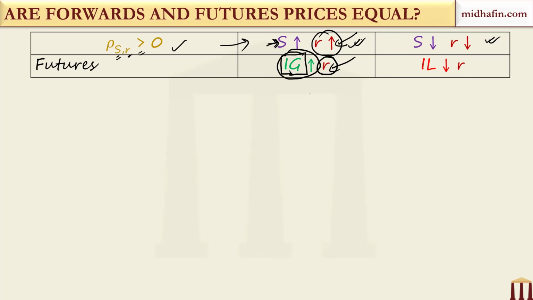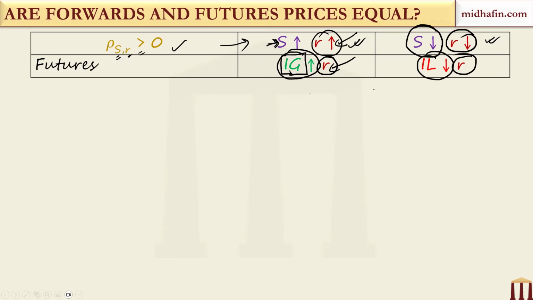But if the price of the underlying is decreasing, the losses are also being marked to market daily. But at the same time, the interest rate is also decreasing. So can I say that these losses are being financed at a lower interest rate?